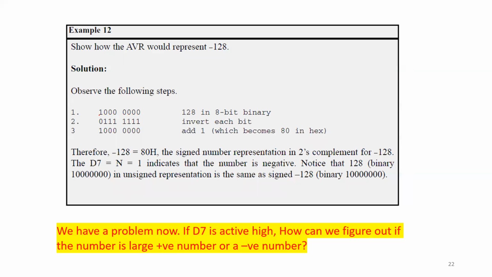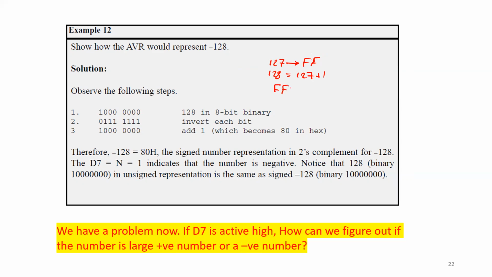Why is this 128, by the way? You know 127 is represented by FF. So 128 equals 127 plus 1, which means you need to add 1 plus FF.